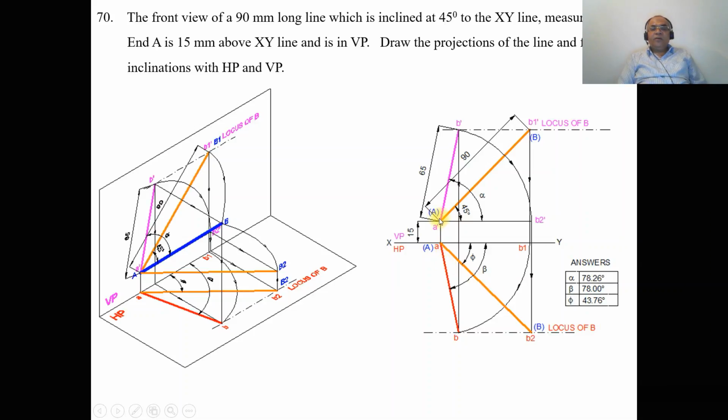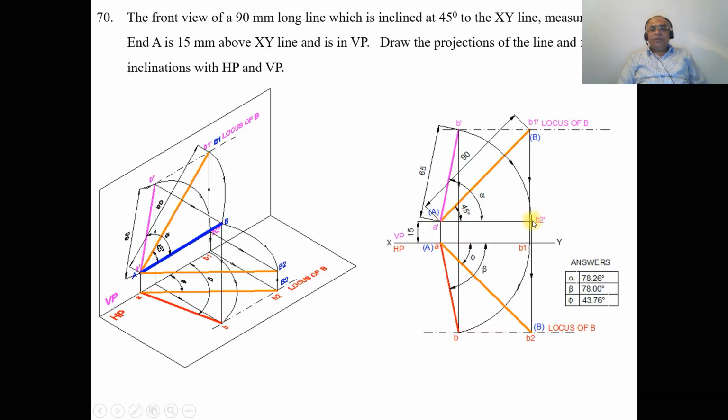So now we have the front view, true length and the top view. Now we need to find out the true length in the horizontal plane, that is the true length in the top view, so you have to take the front view line. Make that front view line parallel by using the compass with A dash as center, taking the radius of A dash B dash, and draw an arc such that both A dash and B2 dash are above HP by 15 mm.